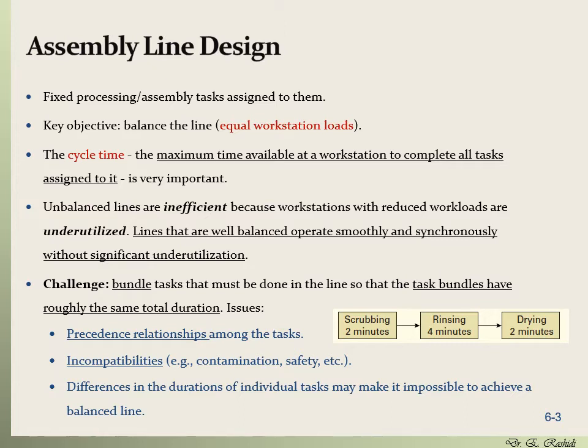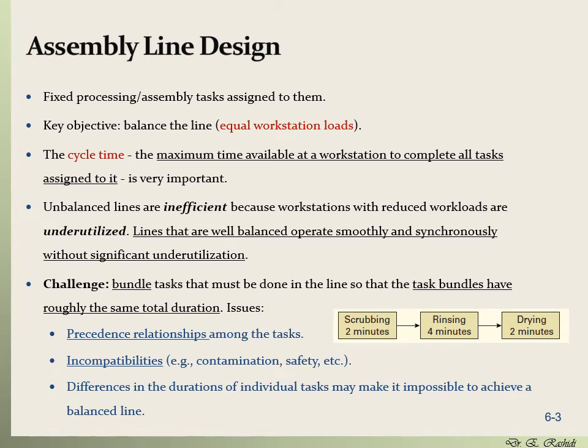What is wrong with an unbalanced line? What will happen if we don't balance the assembly line? Unbalanced assembly lines are inefficient because some workstations, or bundles of work, may have reduced workloads. If they are imbalanced, some of them have different workloads.